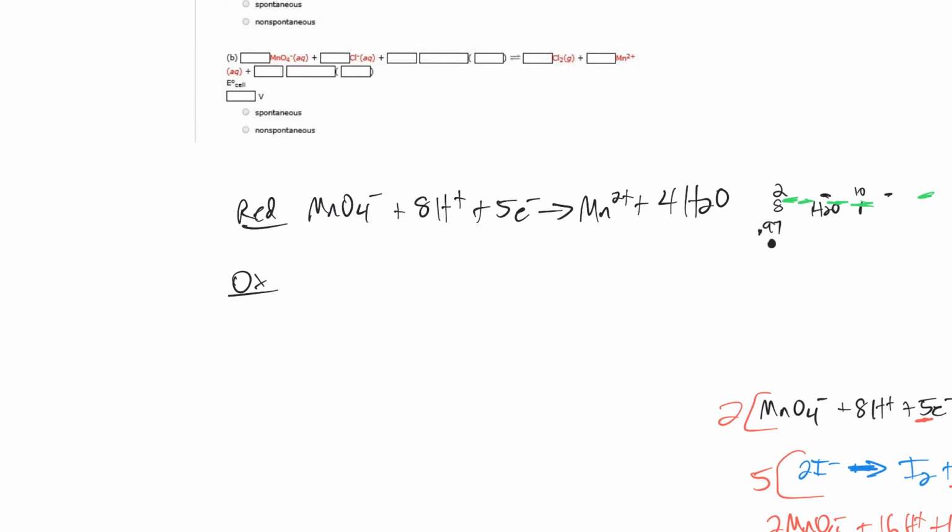And our oxidation reaction is 2 chloride ions becoming chlorine molecule with 2 electrons left over. Voltages: a positive 1.51 volts for the permanganate reaction, and after flipping it around, it's a negative 1.36 volts for the chlorine reaction.